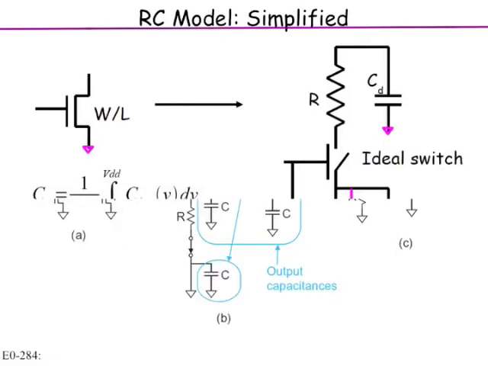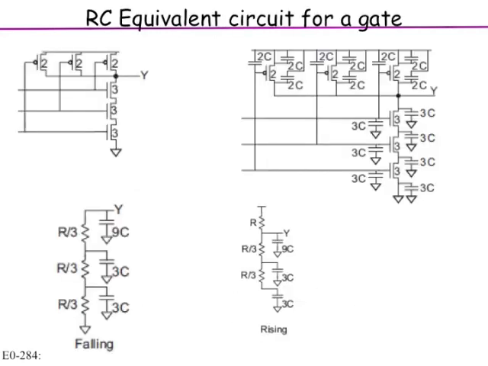So the question is, in the RC model, how do we get the 9C value? Every transistor we are replacing with that simple linear RC model. R is not being shown, but this transistor has a width of 2, so its source, drain and gate capacitances all get multiplied by a factor of 2 from the unit transistor.